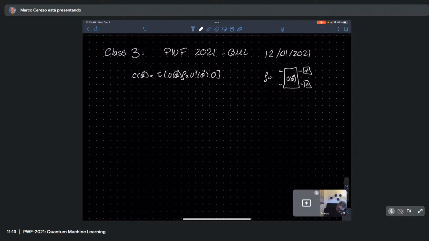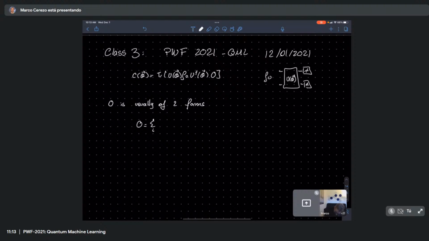So the first thing that we said is that O is usually going to be of two forms. The first is whenever we assume that O is expanded in terms of Pauli strings, which we've already talked about, but I want to properly define them. So this is why I wanted to go back to this.